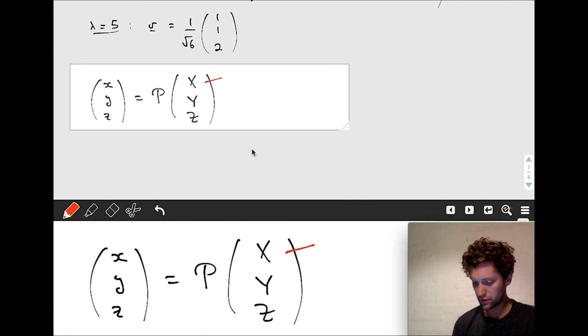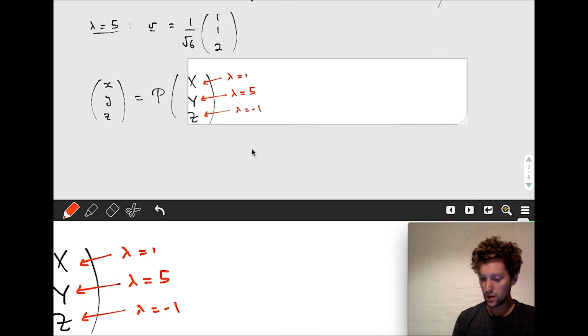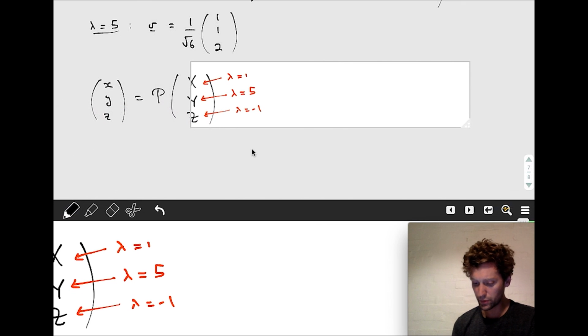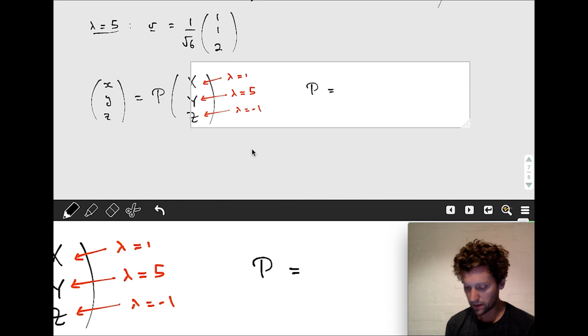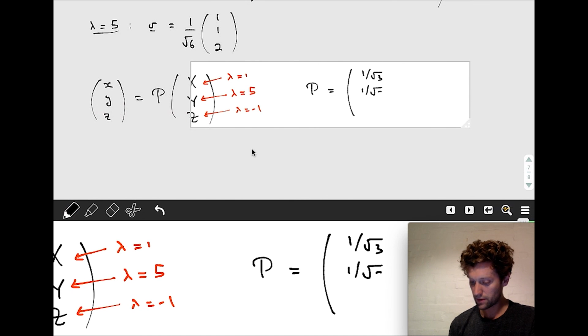So x corresponded to lambda equals 1, y corresponded to lambda equals 5, and z corresponded to lambda equals minus 1, which means that I have to put the eigenvectors in P in the same order. So the eigenvectors in P are going to correspond to lambda equals 1. So that was given by 1 divided by root 3, 1 divided by root 3, minus 1 divided by root 3.